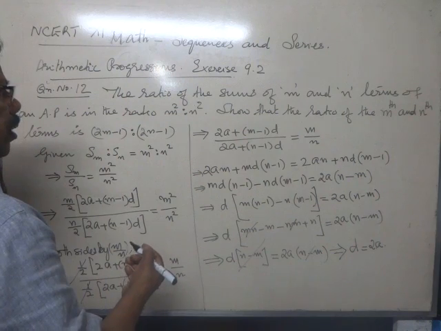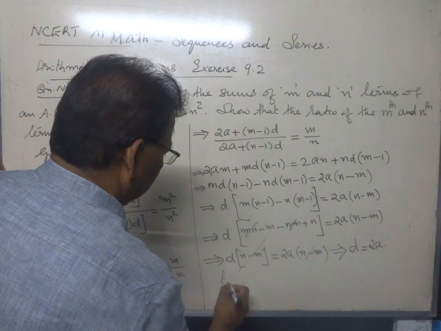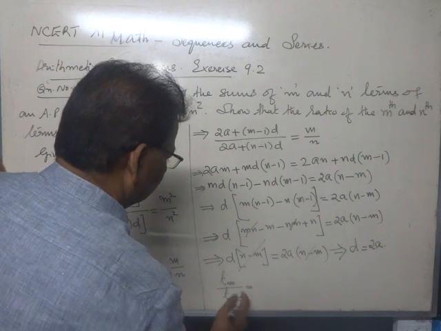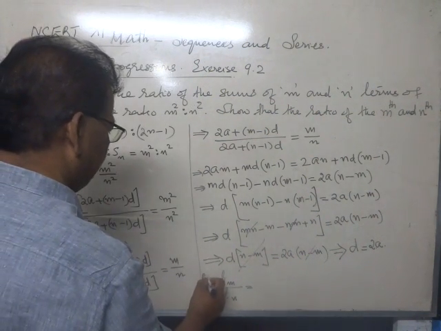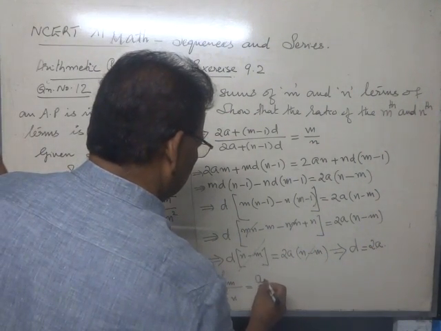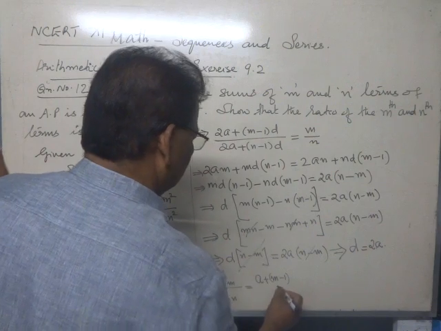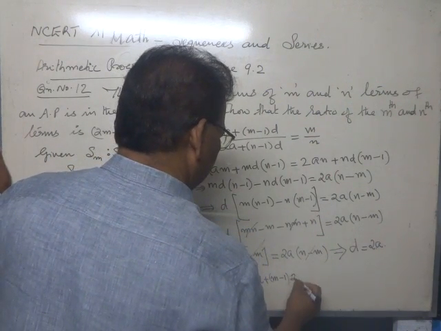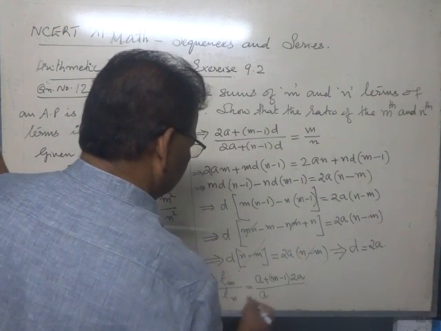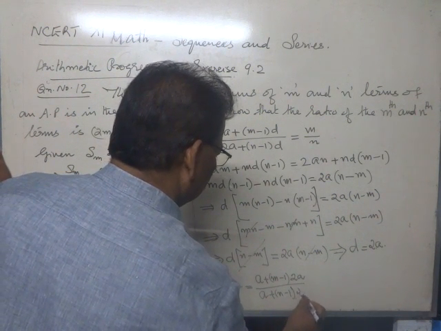Now you have to get the mth term and nth term. Tm by Tn is equal to a plus m minus 1 into d, which is 2a, divided by Tn, that means a plus n minus 1 into 2a.